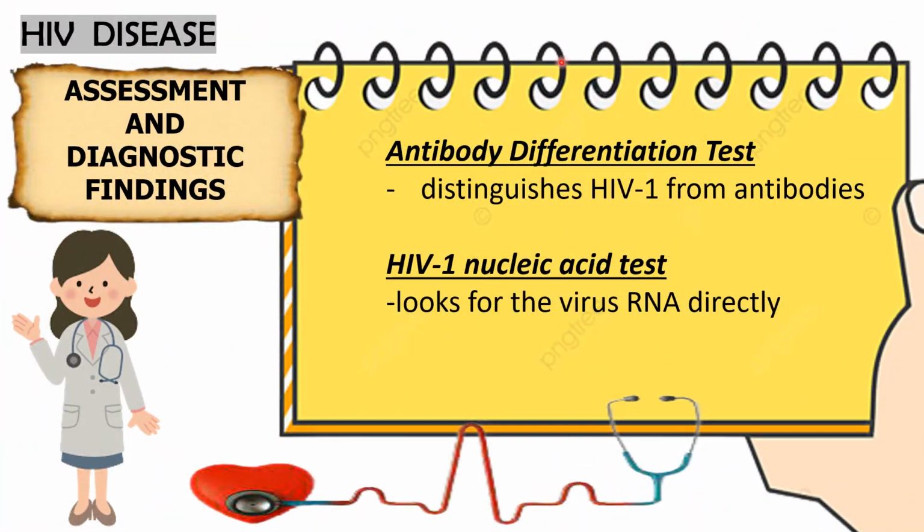So follow-up testing is performed if the initial test result is positive to ensure a correct diagnosis. These tests include antibody differentiation tests to distinguish HIV-1 from HIV-2 antibodies, and the HIV-1 nucleic acid test to look for the virus RNA directly.